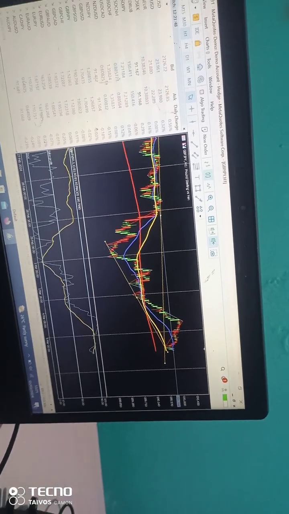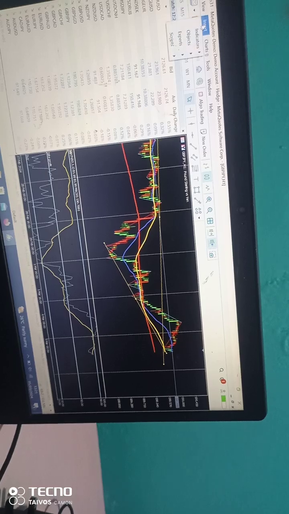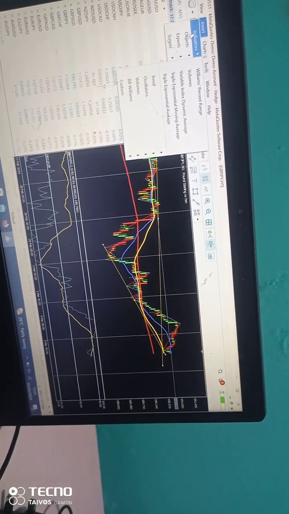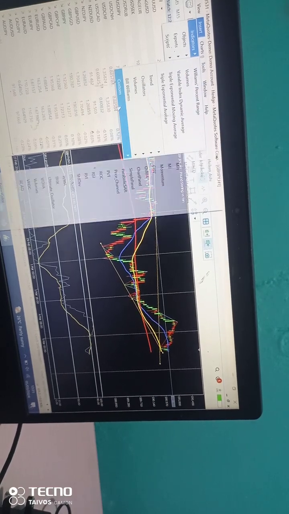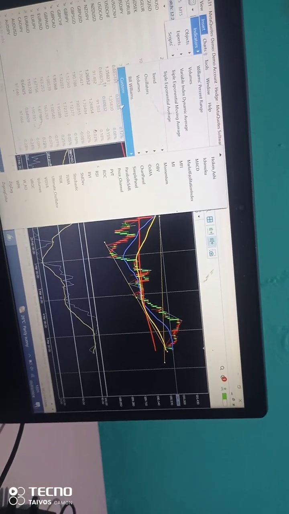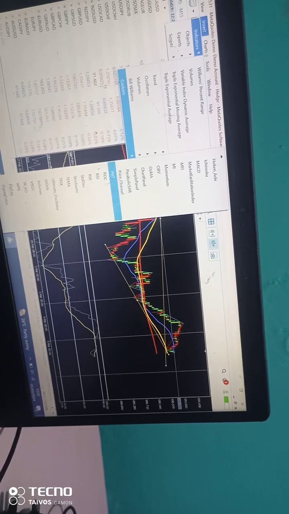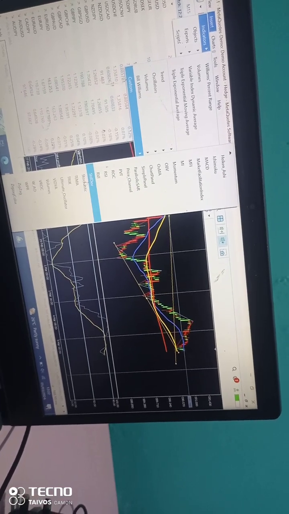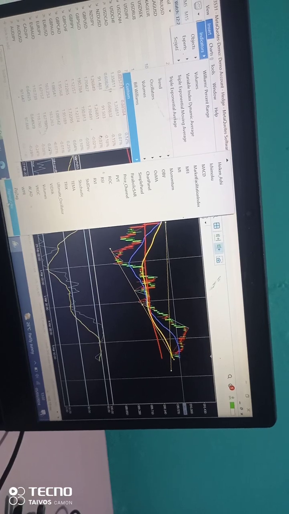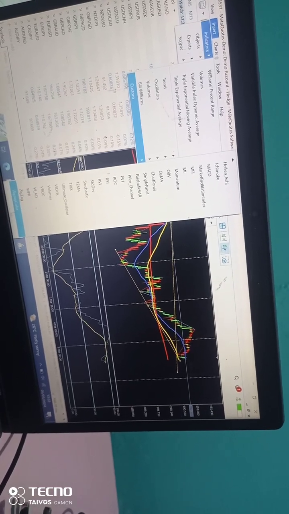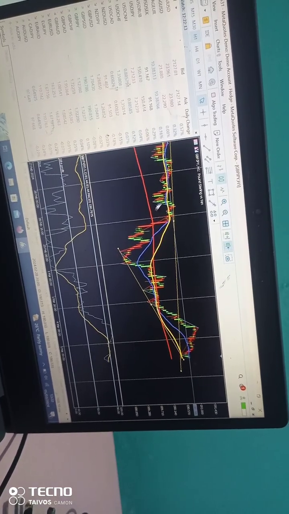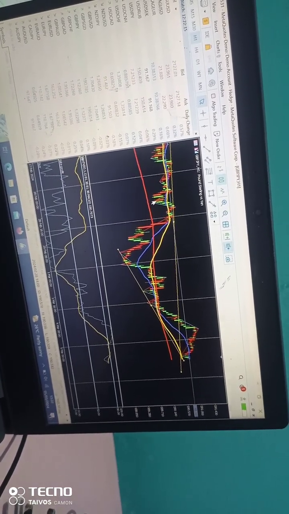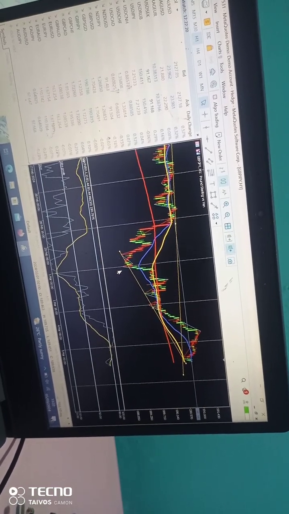First of all, we went on insert, indicators, then you just go down to customs, you scroll down, then you add the zigzag color indicator. When you click, you're going to see this one. You see these lines? You're going up, down, up, down. This is a market structure.